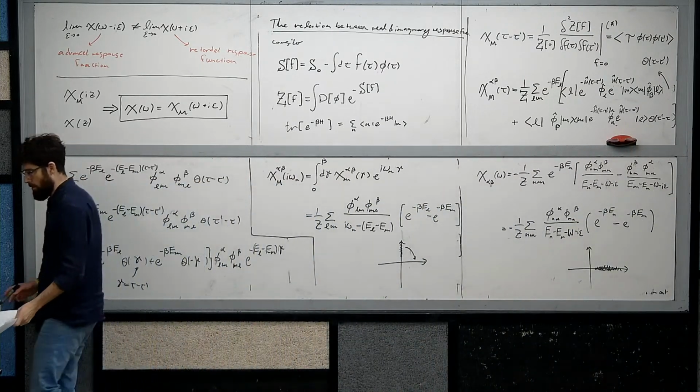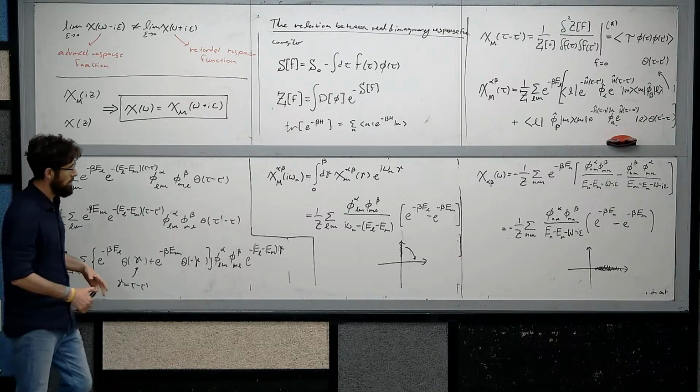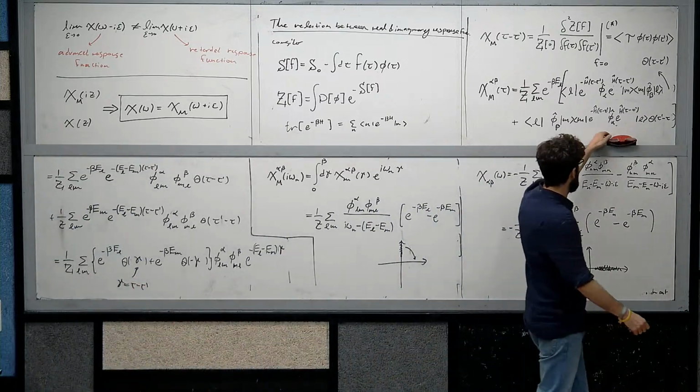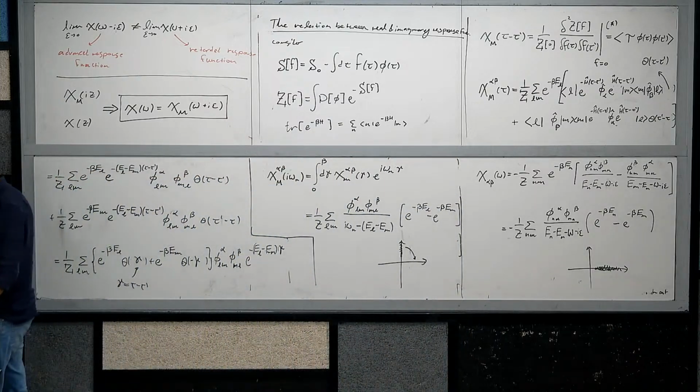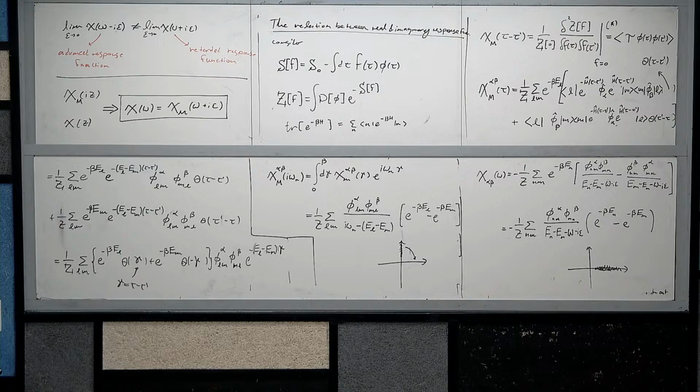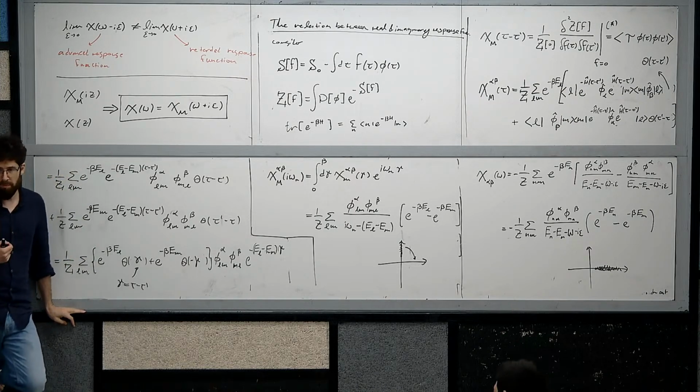What this result tells you is that you can use all this path integral formalism that we wanted to compute response functions in this insane imaginary time that has no meaning whatsoever, and then use that response function, its Matsubara frequency dependence, to obtain the actual Fourier transform of the real time response function.